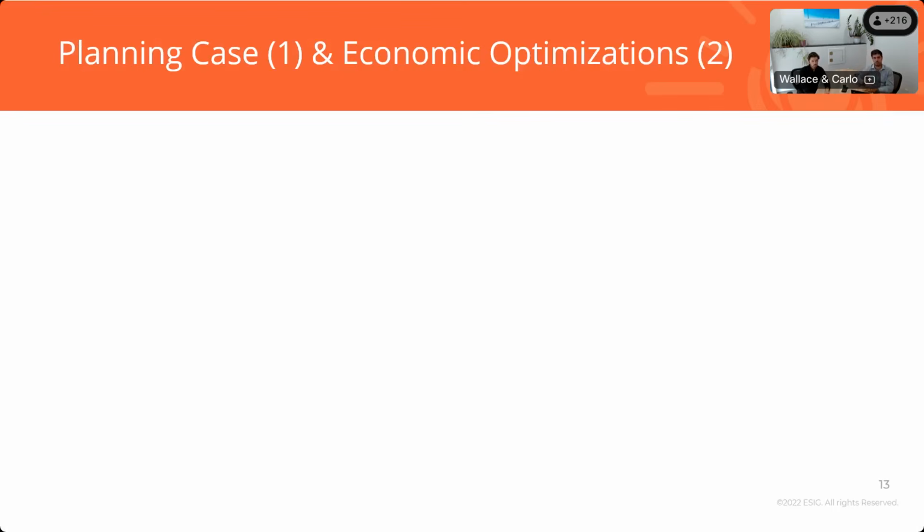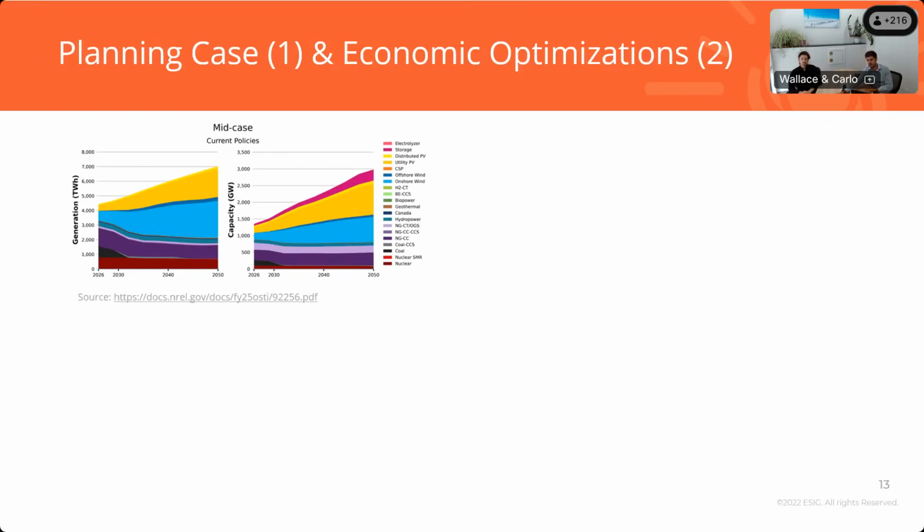So let's zoom in quickly into the first two steps of this integrated framework, and let's talk about defining the planning case and defining the optimal system expansion, primarily in terms of generation and broader resources, so storage in the system. I've already talked a lot about this earlier. The first thing I'm going to do is run a capacity expansion model to give me the optimal expansion of the system in terms of primarily generation and storage sources.